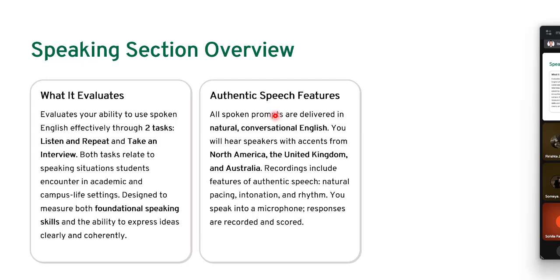This is actually what we hear on the test. The sentences and the interview task which are given are all natural conversational English with accents, and a variety of accents are possible on the test. It can be North America, the United Kingdom, or Australia. So the accents would be in different forms.